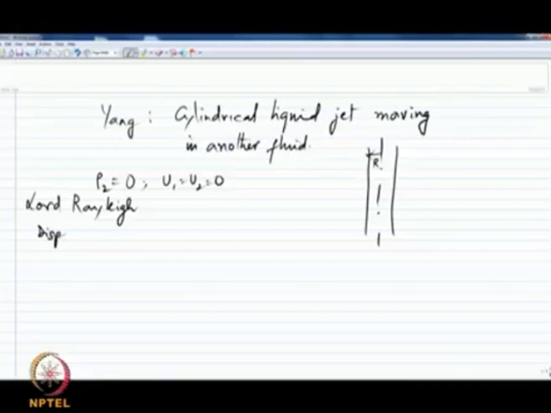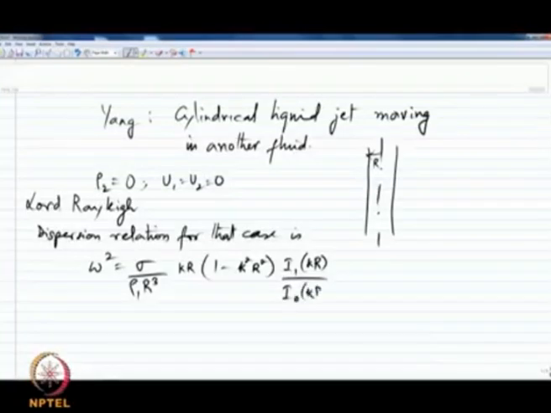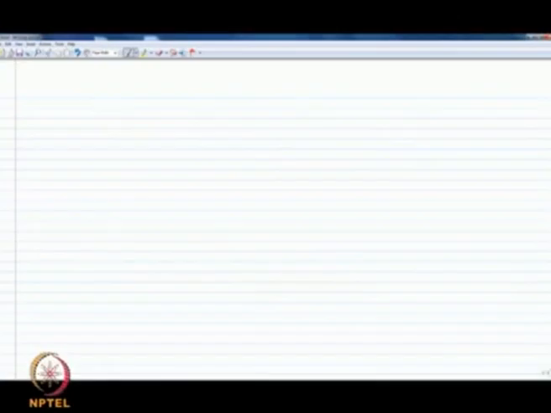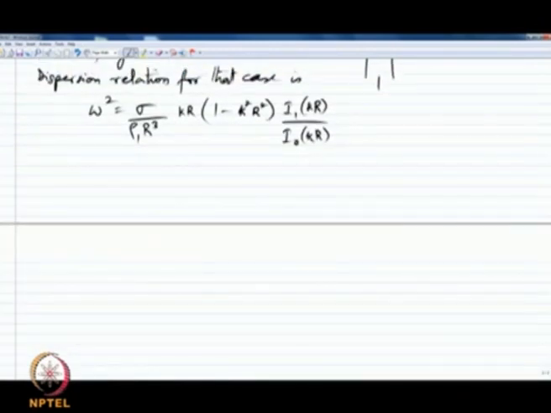So, the dispersion relation for that case, this is the dispersion relation from Lord Rayleigh.